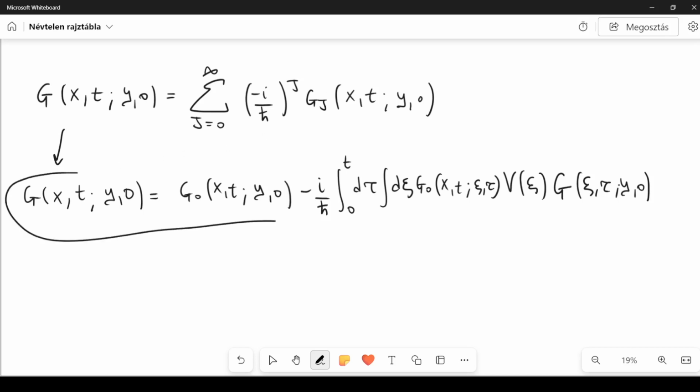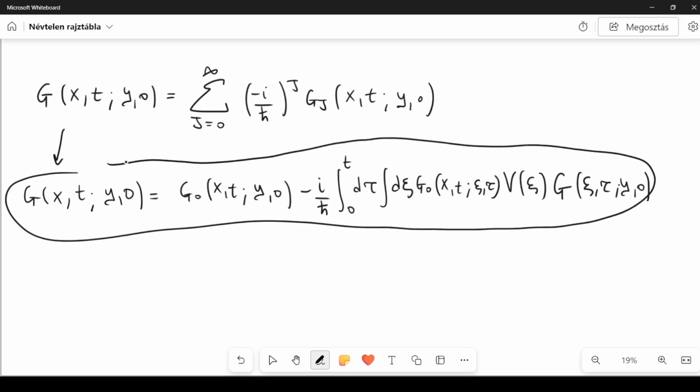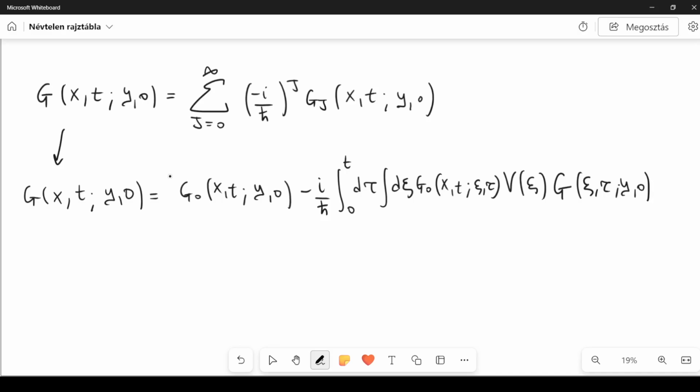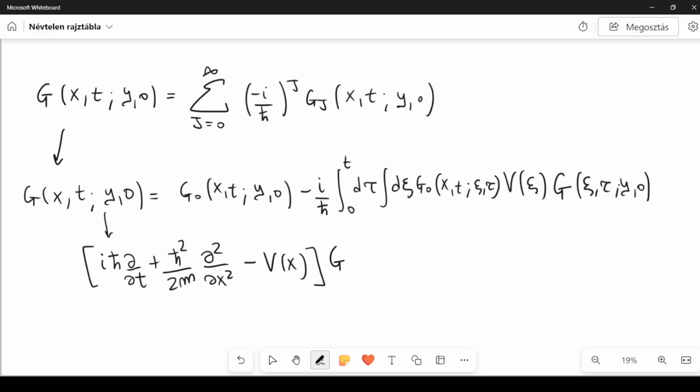And this expression here might seem strange, but actually, if you remember the fact that G0 satisfies the Schrödinger equation with those Dirac deltas, it is quite straightforward to understand and to show that G satisfies the following Schrödinger equation: i h bar d over dt plus h bar squared divided by 2m d squared over dx squared, then you have minus the potential evaluated at x, acting on the function itself, G of x, t, y, 0.